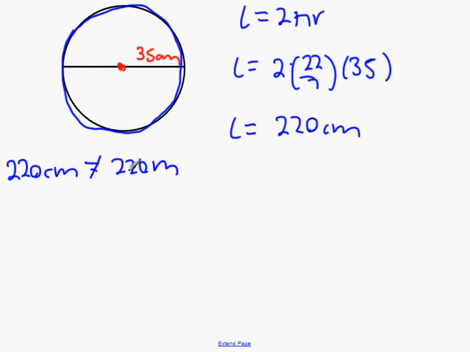Are we expecting a smaller number than 220 or a bigger number? Smaller, yeah? So how do you turn centimeters into meters? One meter equals how many centimeters?